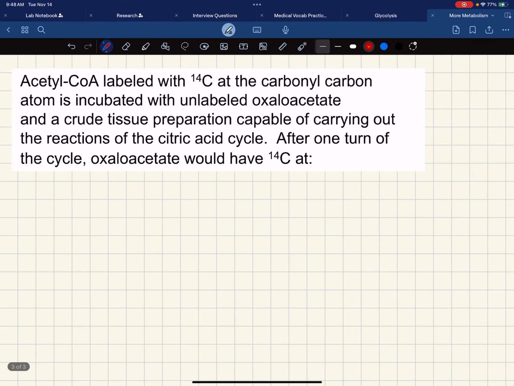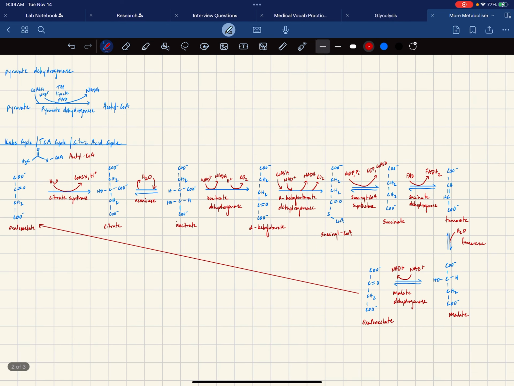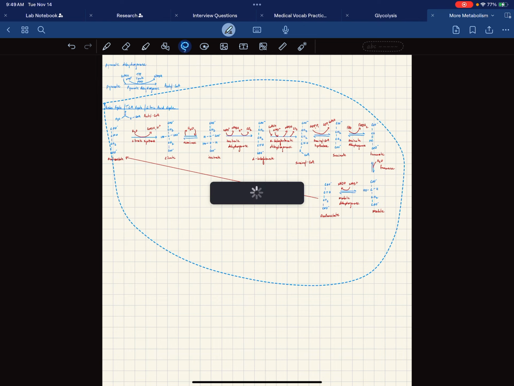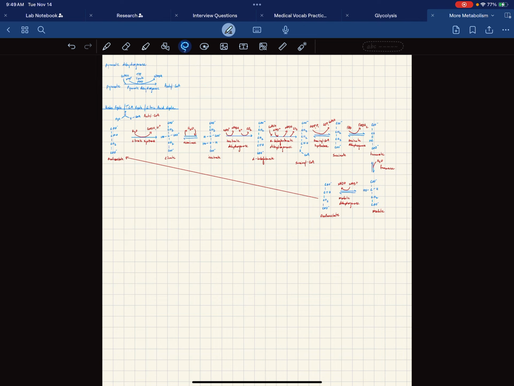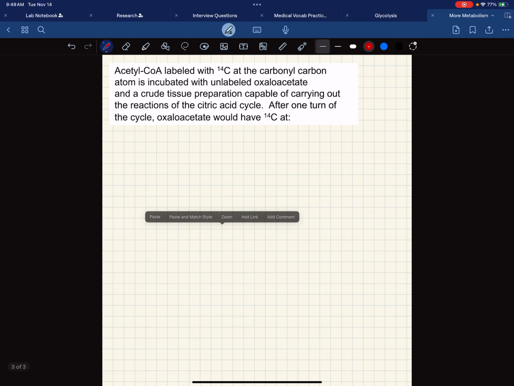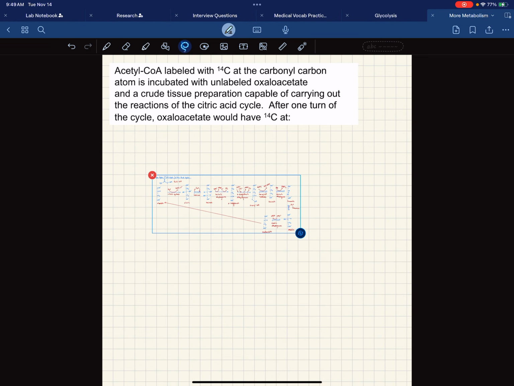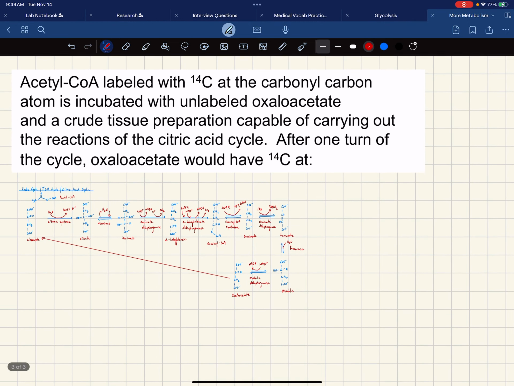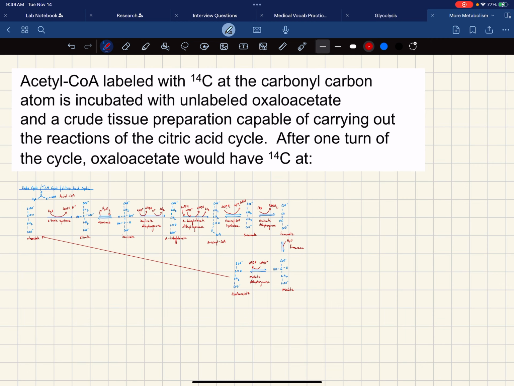This is a question that a ton of people asked me about last week, and I just wanted to explain it one more time so that you have the explanation. So acetyl-CoA, let me copy this cycle over here so you can see it better. Let's say that we label acetyl-CoA with carbon 14 at the carbonyl carbon.